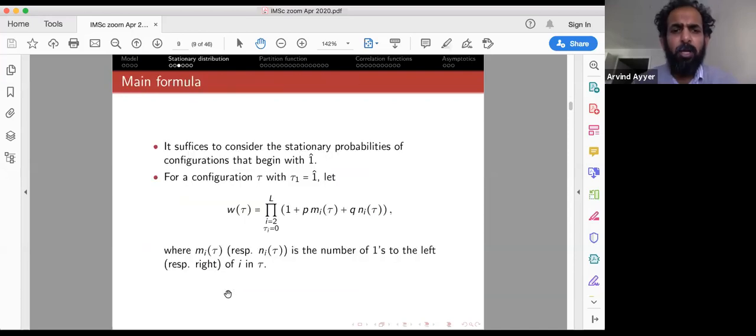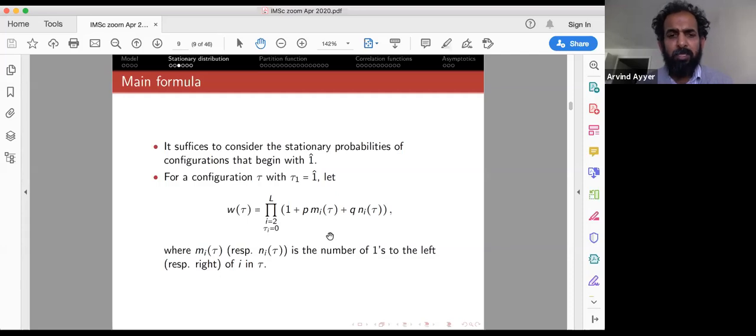Okay, so now, as I said, let's consider configurations where the first site is a 1 hat. And then I define the following function, W of tau. I take this product over all sites, and I focus on sites where tau i is 0. And I multiply by 1 plus P times M_i of tau plus Q times N_i of tau, where M_i is the number of ones to the left of that 0, and N_i is the number of ones to the right of that 0.